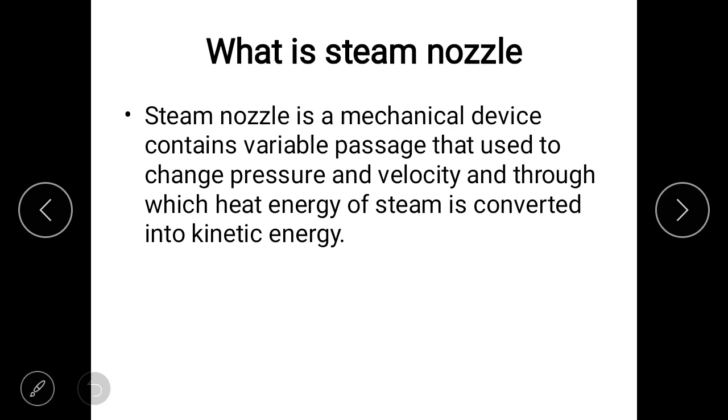It has variable passages, that means a convergent part, a divergent part, and a throat part. With the help of that, it changes pressure and velocity, and also converts the heat energy of steam into kinetic energy. This is the basic definition for steam nozzle.